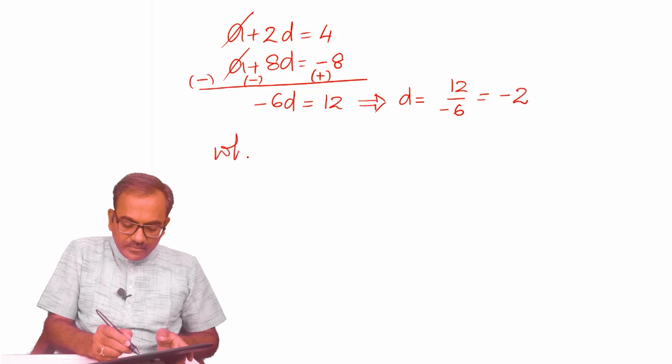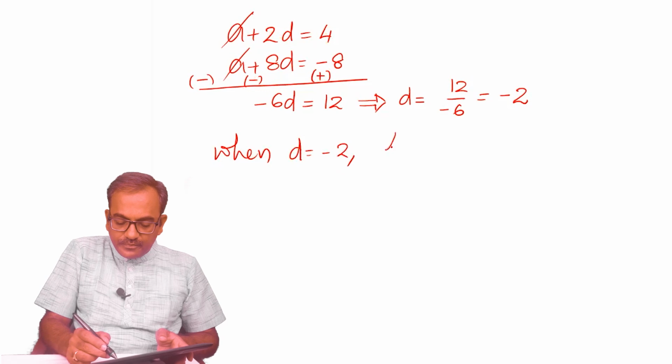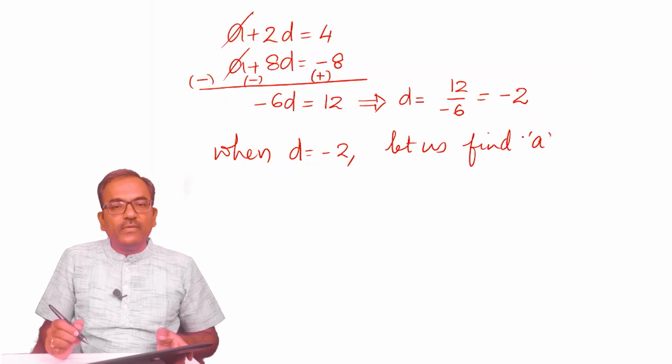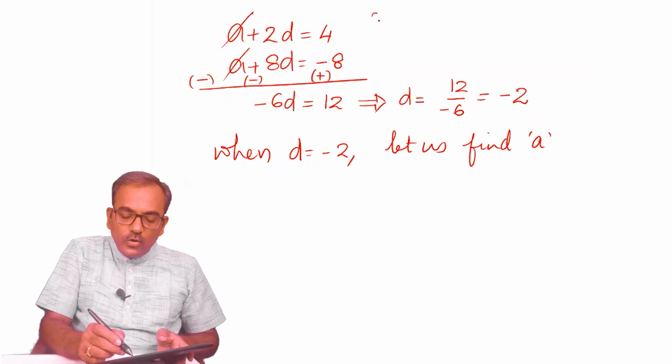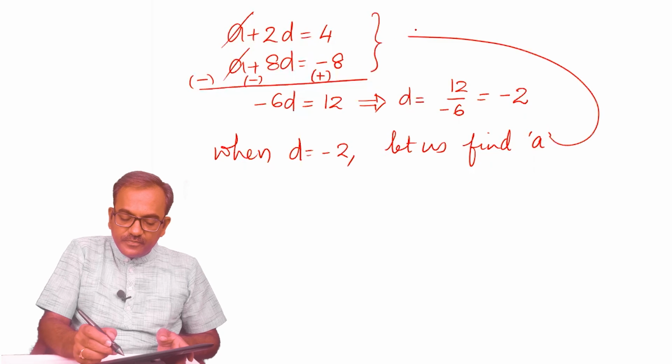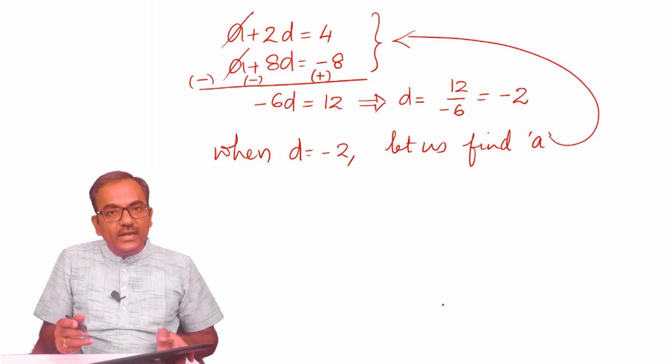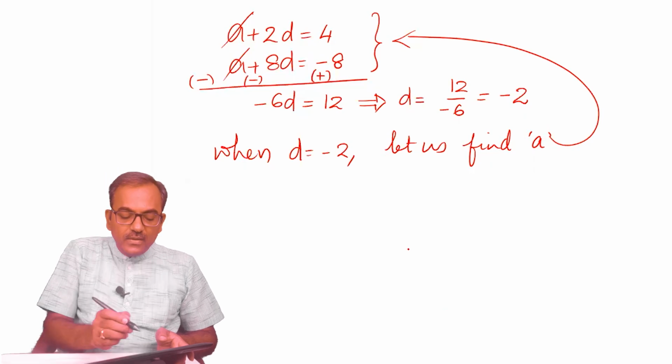When d is equal to minus 2, let us find a. So how do you find a? We have these two equations. Substituting the value of d would yield us the value of a.